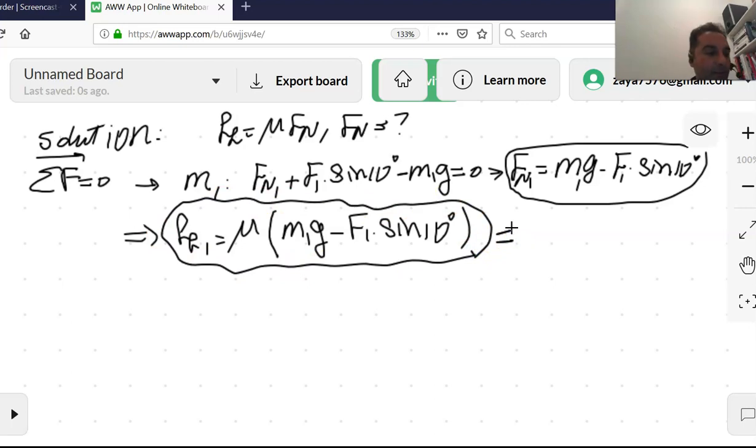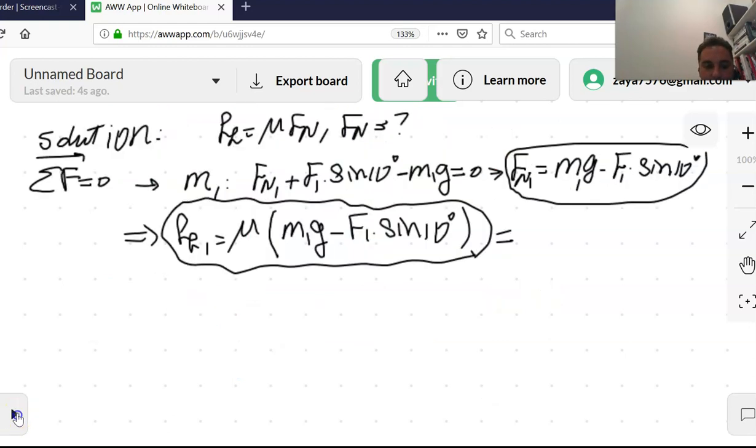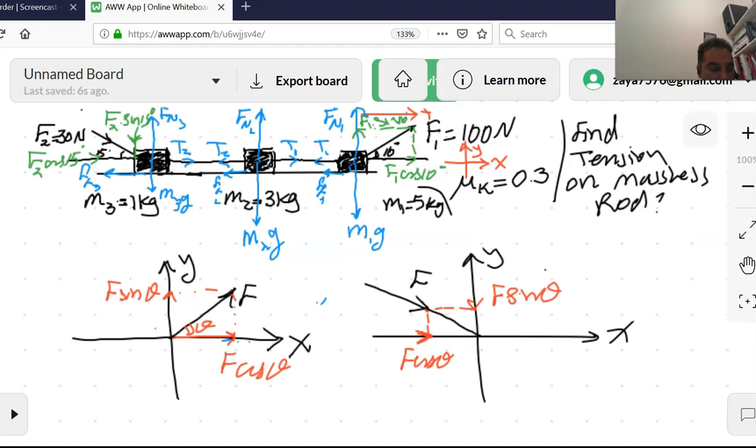Now if I substitute the numbers, let me see, what is that? 0.3 times parentheses, M1 is 5 times 9.8 minus F1 is 100 sine 10.